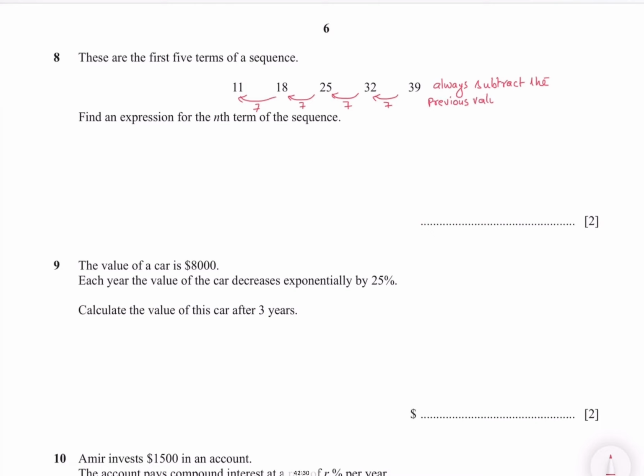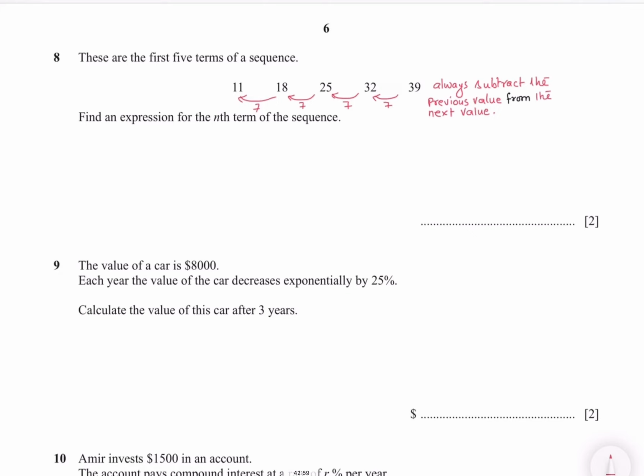So I'm writing it for your memory. Always subtract the previous value from the next value. Now we see that the difference is constant, so it is a linear sequence.